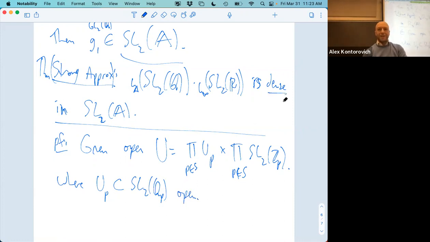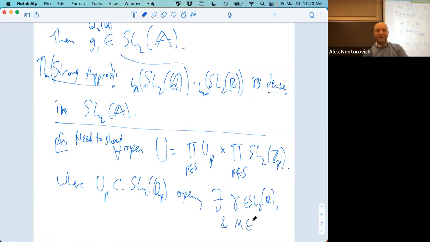So the claim we need to show is that for any open set like this, there exists gamma in SL2Q and, I'm running out of letters, a matrix M in SL2R, such that gamma times M, by which I mean the diagonal embedding of gamma times the infinite embedding of M, is in U.